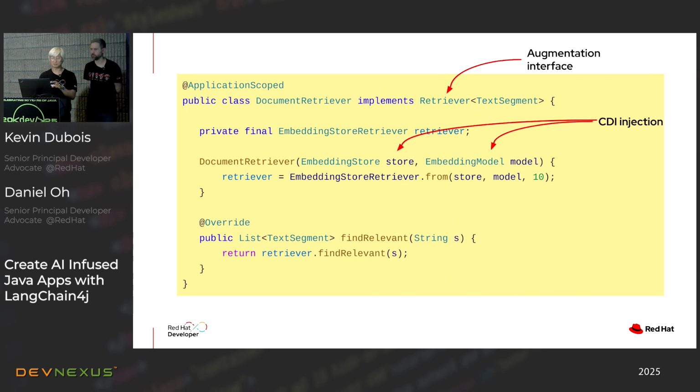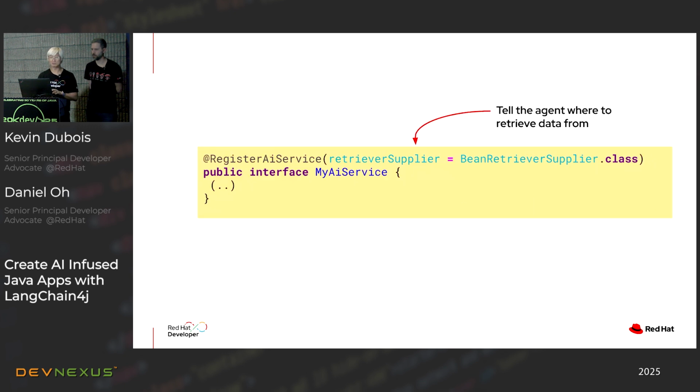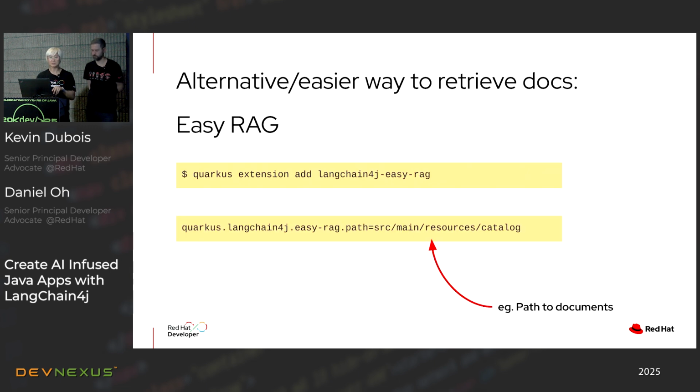So here's a code snippet of how to retrieve and ingest again. But the problem is maybe it's too complicated. You can use CDI injection, and then tell the agent how to retrieve data in a more obvious way, defining the class inside the annotation. But what if you could go an easier way?